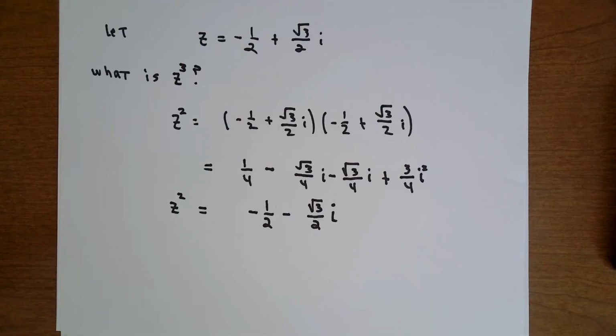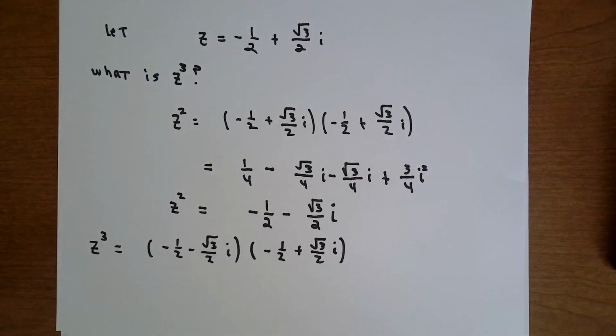To get z cubed, I'll multiply that result by z. I have to be very careful about all of these negative signs because it would be easy to get confused.